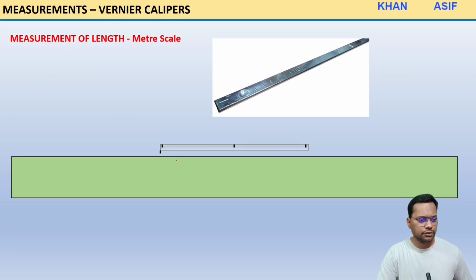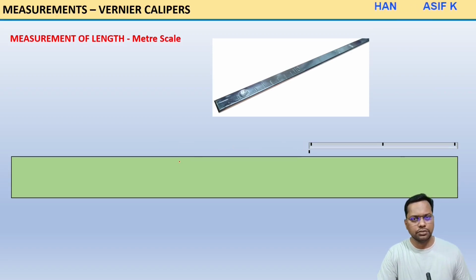So this gives 2 meters. And then the third meter again starts at the end of the second meter. Then this gives the third meter. So the total is 3 meters of cloth. So here the unknown length of the cloth is compared with the known length of the scale. This is how the measurement is done.